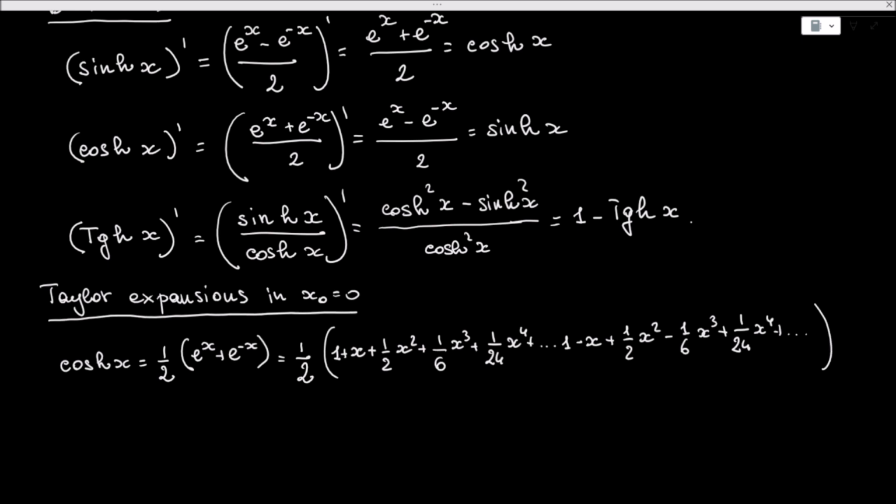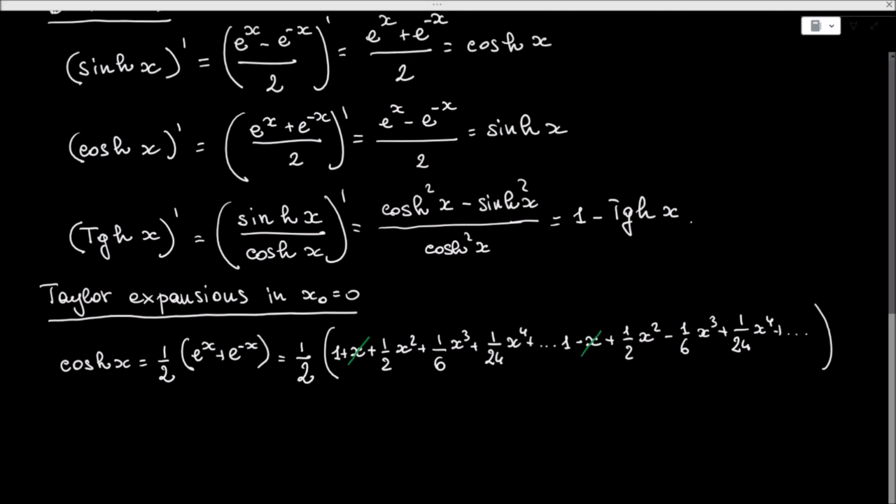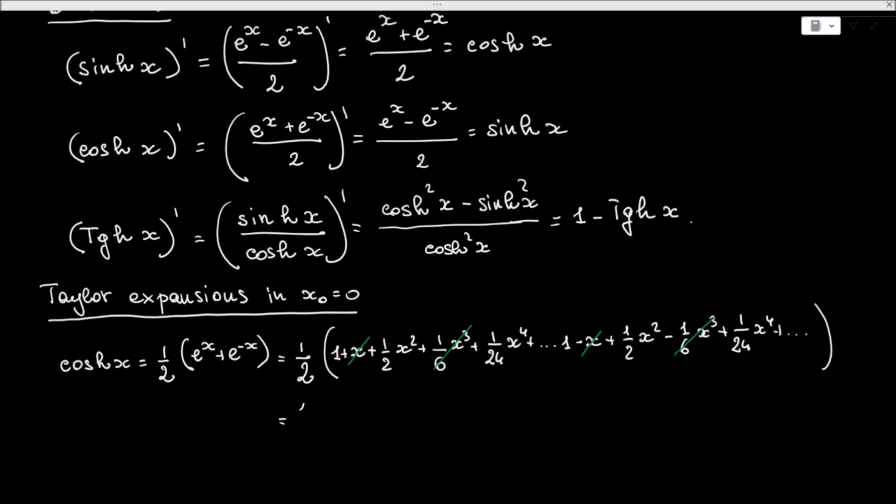So we immediately realize that x and minus x cancel out. 1/6 x to the cube and minus 1/6 x to the cube, and in other words, all the odd powers of x will be cancelled out, and then we will be left with 1/2.